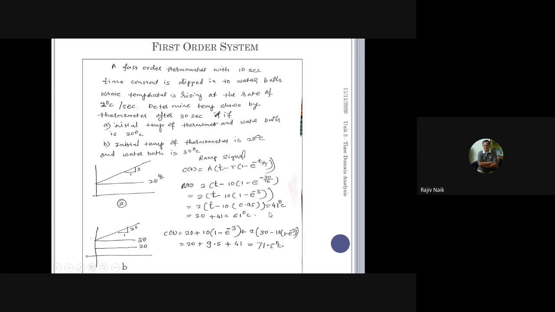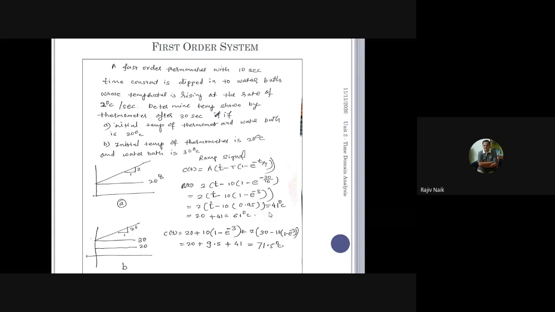Why this is required is, suppose you are measuring the temperature by a thermometer, this correction has to be applied. Because no mercury in glass thermometer or liquid in glass thermometer will ever show the correct reading for a ramp signal. Only if the temperature is constant will it approximately show the same reading.